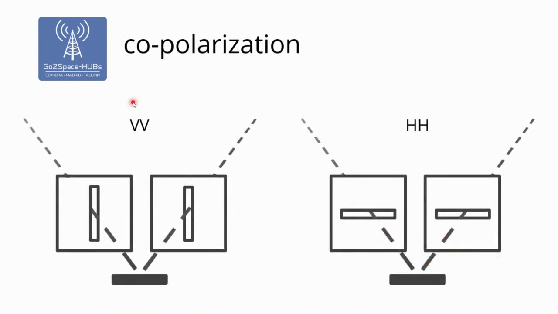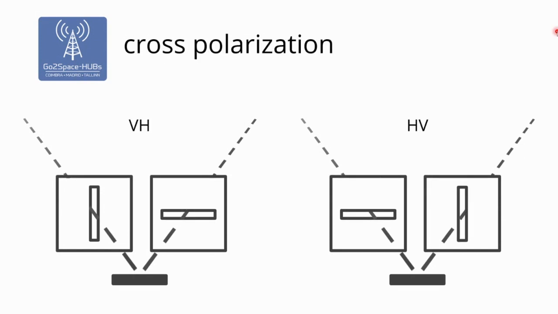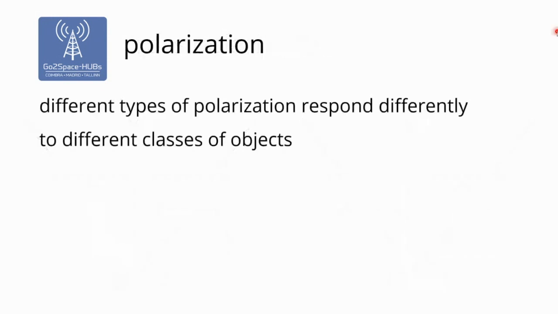And as I said, we can polarize the emitted signal and the received signal independently. We can polarize them the same way, vertically or horizontally, which we call co-polarization, and we can polarize them differently, which is cross polarization. It's quite important, because different types of polarization respond differently to different classes of objects.